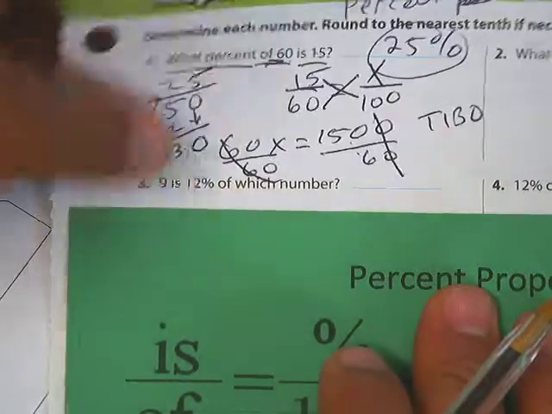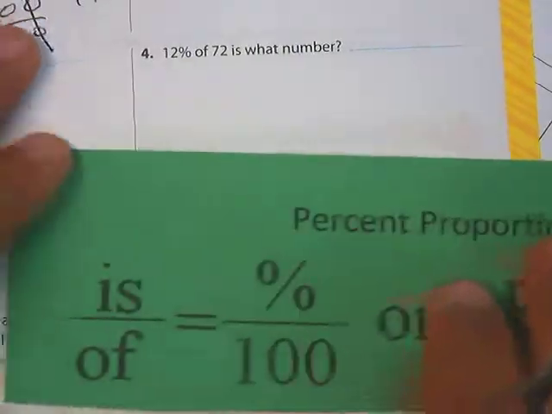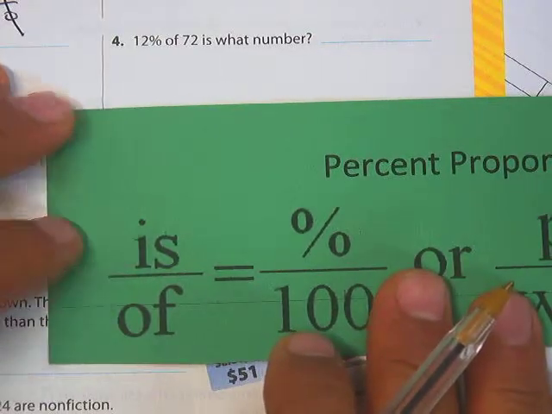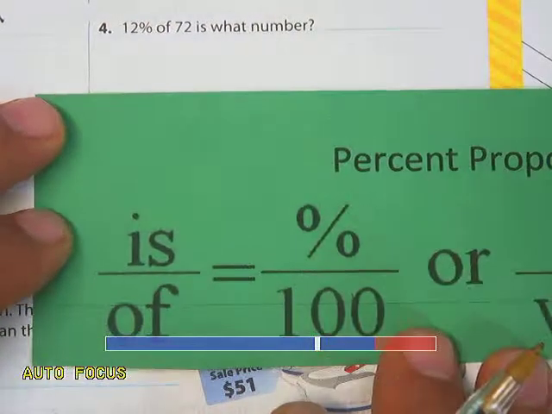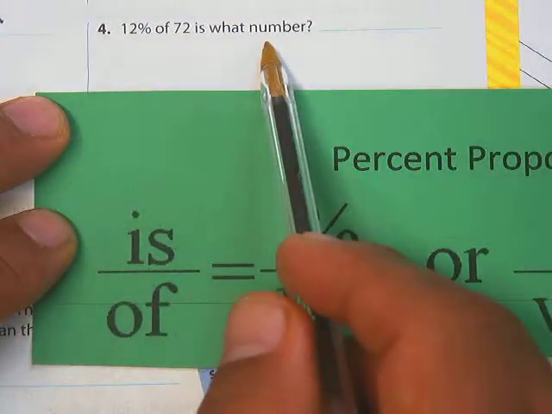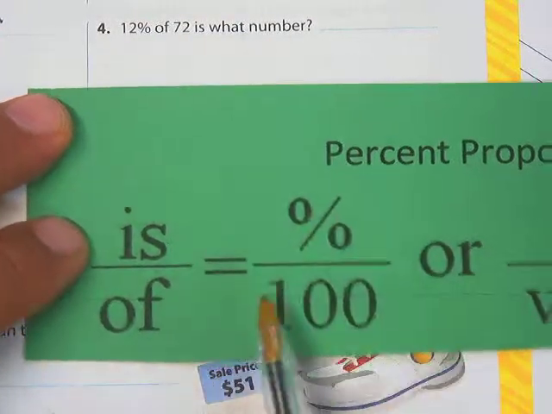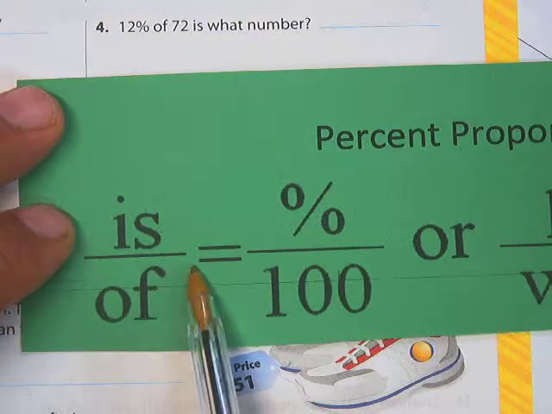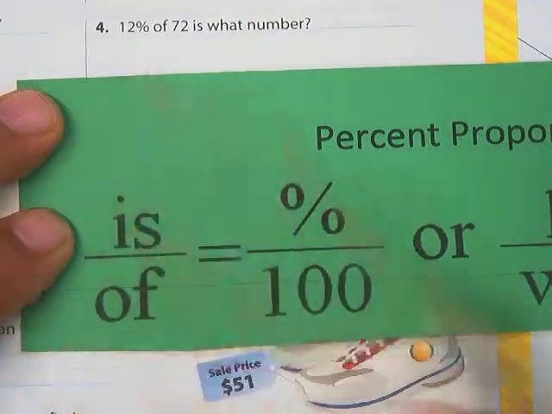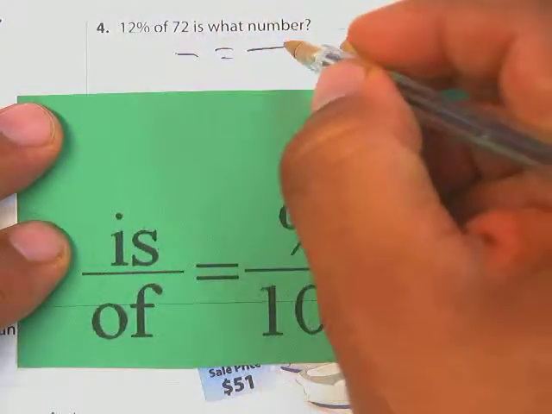Okay. Again, let's go to another one. Number 4. Again, we're going to use the same thing. Okay. I look at my equation. 12% of 72 is what number? Okay. So I look at this here, my equation here. Do I have a number with a percent? Yes, I do.